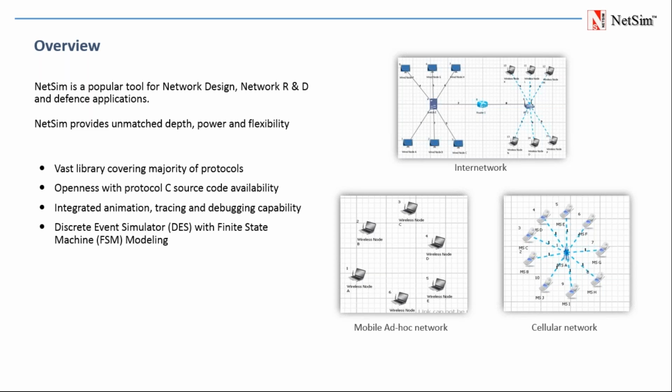These are Internetworks, that is LAN, WAN and wireless LAN, mobile ad hoc network, WiMAX, cellular network which consists of GSM and CDMA, cognitive radio network, LTE, wireless sensor network and IoT.